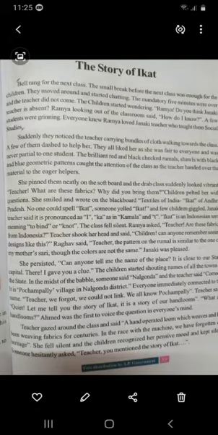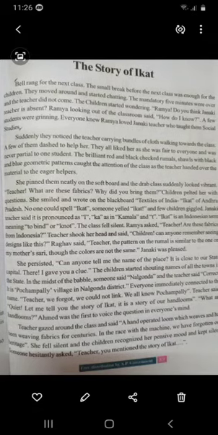Now, the Janaki teacher pinned them, means she attached them neatly on the soft board, and the drab class suddenly looked vibrant. Until then, the class was very dull. The children were very dull.